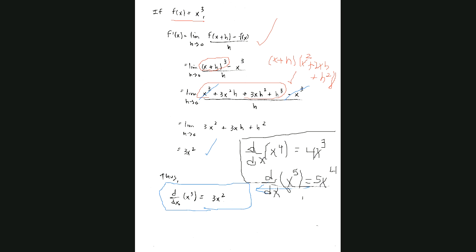All right, are there any questions so far? All right. So now we are going to come up with a formula for the derivative of x to a power that we can use to help us find our derivatives.